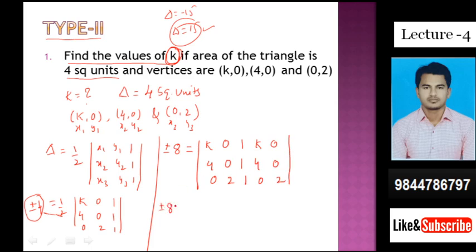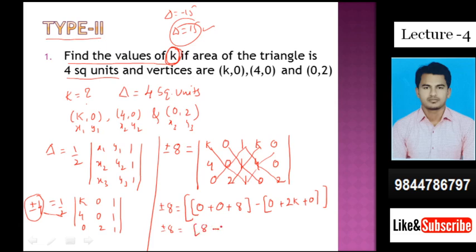So again plus or minus 8 equals, by shortcut multiplication, k into 0, 0 into 1, 0, plus 0 into 1, 1 into 0, 0, plus 1 into 4, 4 2s are 8, bracket close. Again minus sign, 0 into 0, 0 into 1 is 0, plus 2 into 1 is 2, 2 into k is 2k, plus 4 into 1 is 4, 4 into 0 is 0. Plus or minus 8 equals 8 minus 2k. It means what?